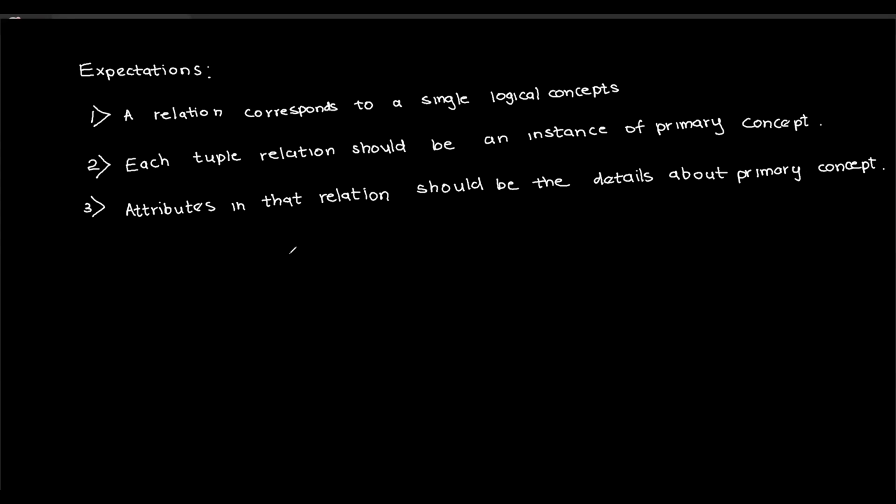Now, let's learn how we can achieve these expectations one by one. We have three methods to achieve these expectations. The first one is relation to relation design.